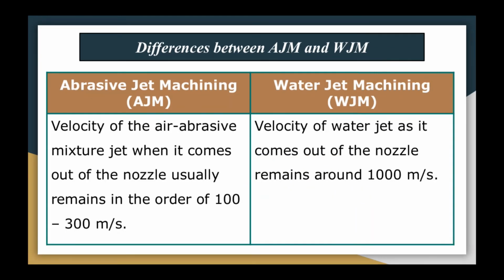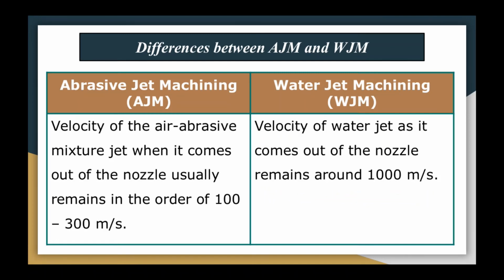Then in case of abrasive jet machining, the velocity of the air abrasive mixture jet when it comes out of the nozzle usually remains in the order of 100 to 300 meters per second. In case of water jet machining, the velocity of the water jet as it comes out of the nozzle remains around 1000 meters per second.